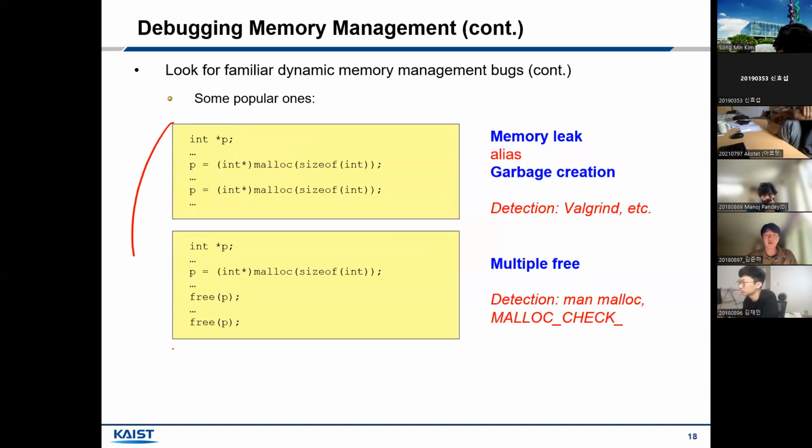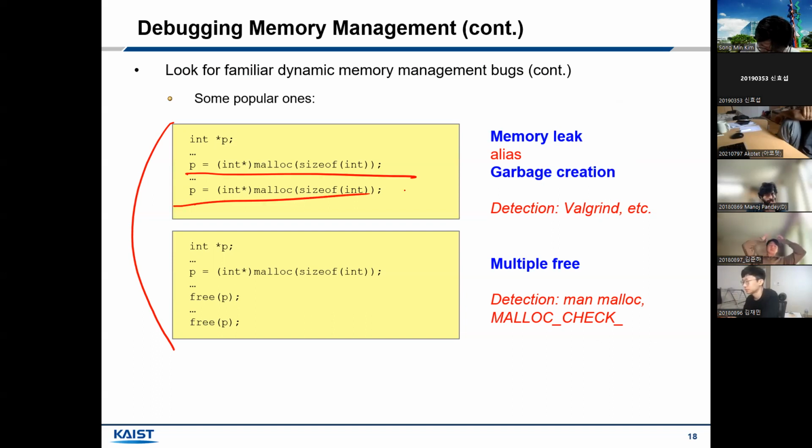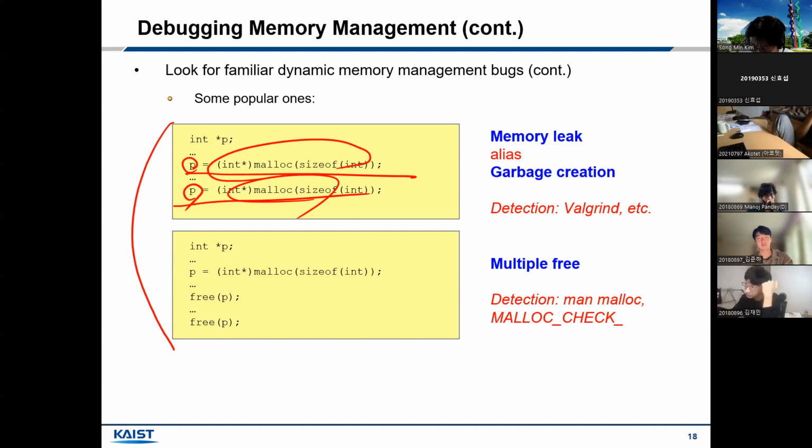Some other examples. These two examples are actually duplicated from EE209, but in case you have not taken EE209, or you're not taking EE209, for example, you assign memory with malloc to the same P twice. This is called aliasing, meaning the same name for different memory spaces.